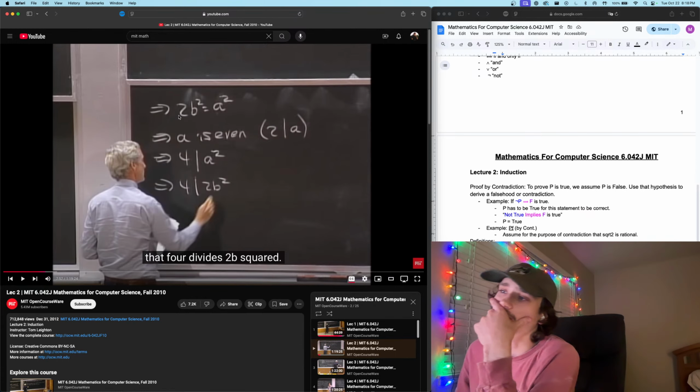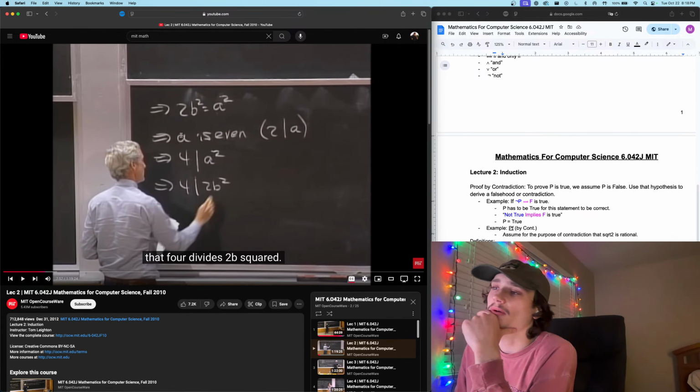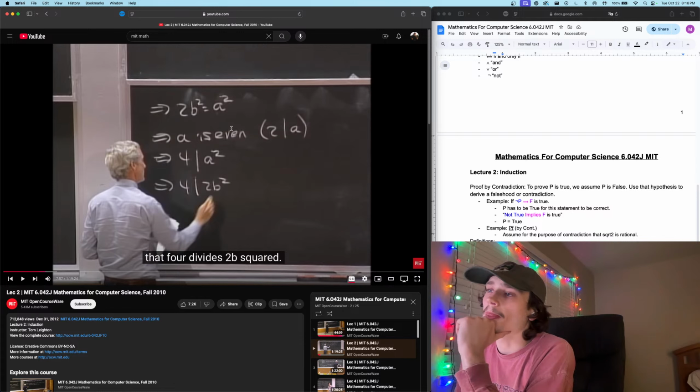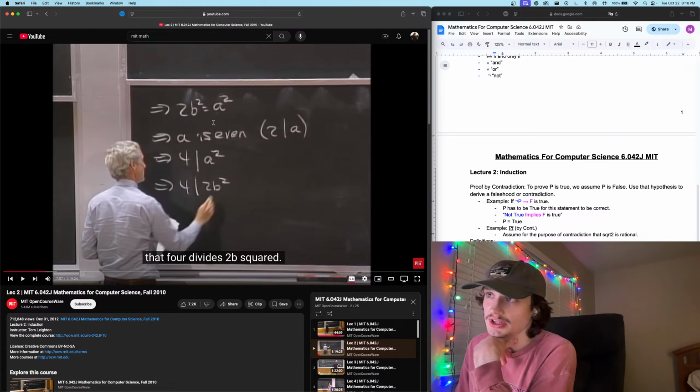Oh, okay, so I get where it's coming from. You can reduce this down by saying 2 times 2 is 4, and then we can say that 4 divides A squared.